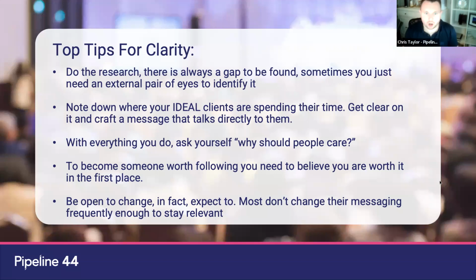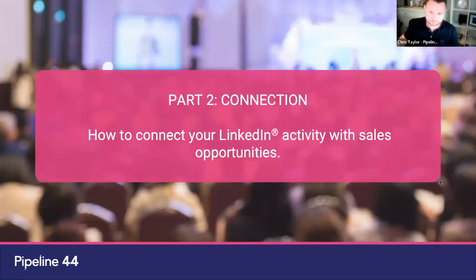You've got to change it up. You've got to stay relevant. You've got to find different ways of saying the same thing. And this is where having support and people around you to give you those ideas is really important. That is the biggest tip for clarity: being adaptable and sticking at it long enough to know when to change, but then changing quickly when you need to.